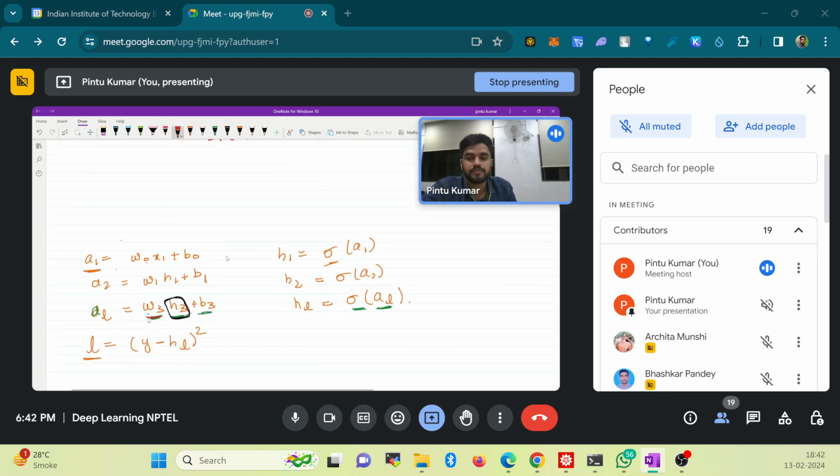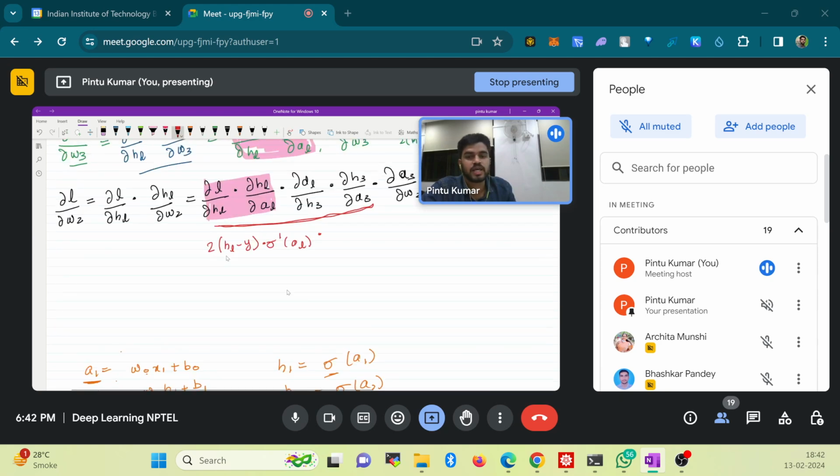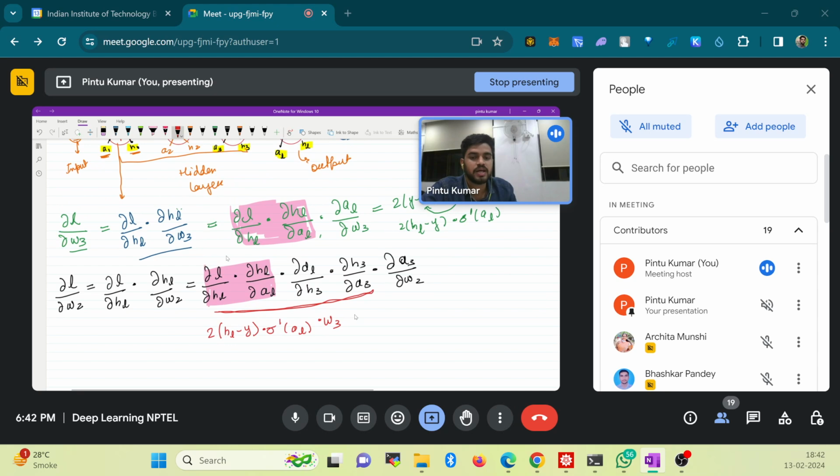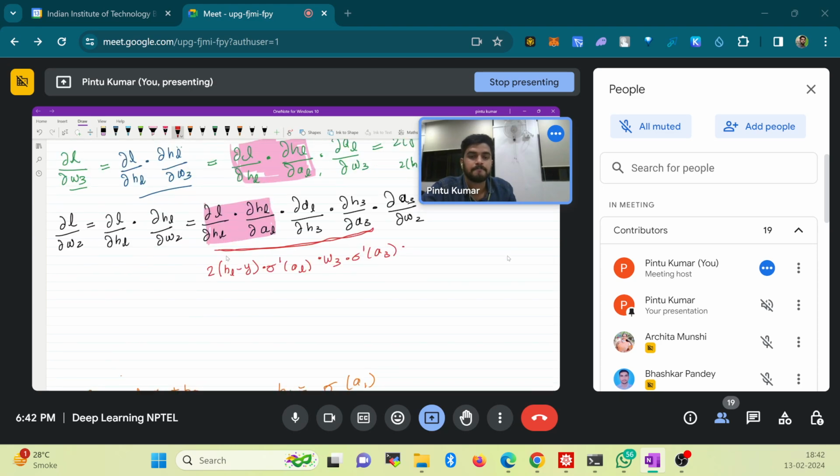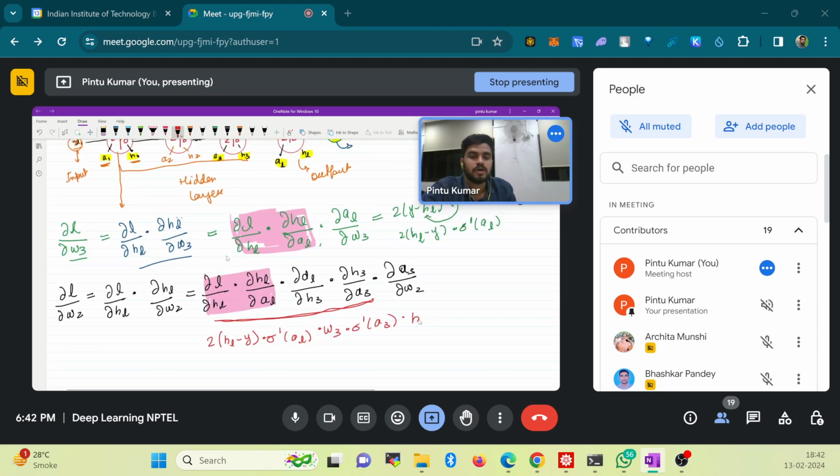This is W3. Okay, so this calculation is not very hard. This is straightforward. Now del H3 by del A3 is sigma dash at A3, and the last term is del A3 by del W2, that is my H2. Again we have H2, which we should have obtained via the forward pass.